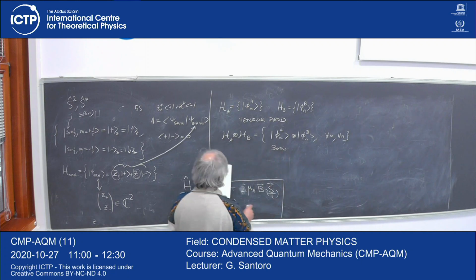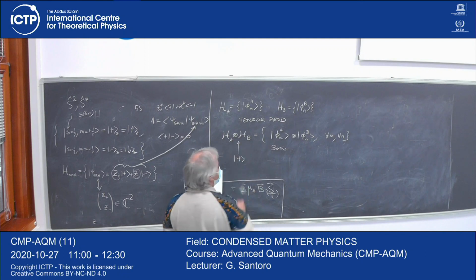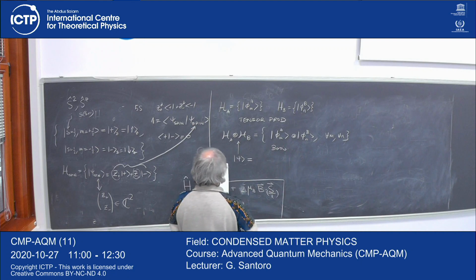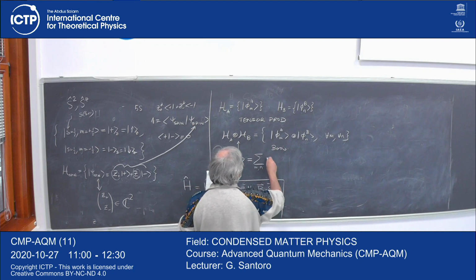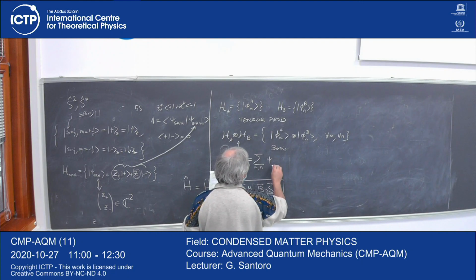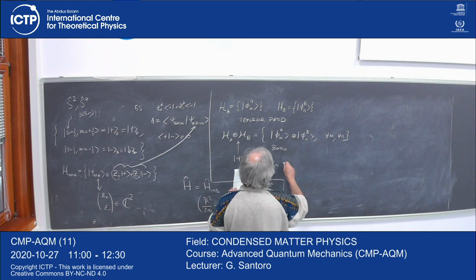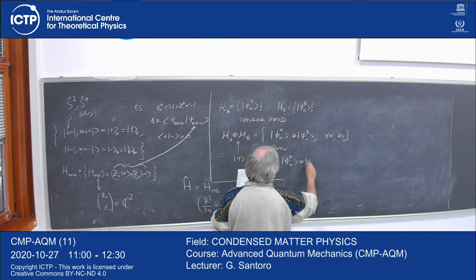So I can write a state belonging to this Hilbert space. How? Well, I can linearly combine these objects. So I can sum over m and n some coefficients, which I call psi m n, and then I have the element of the basis, phi A m, phi B n.